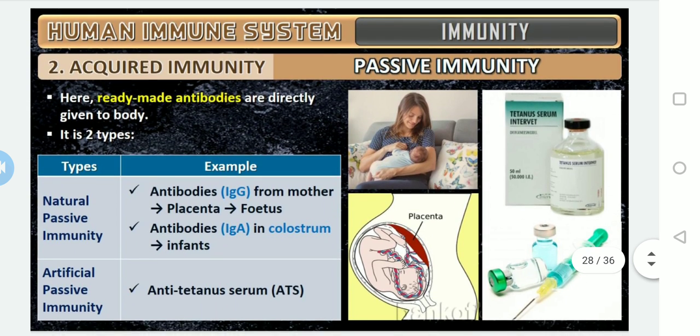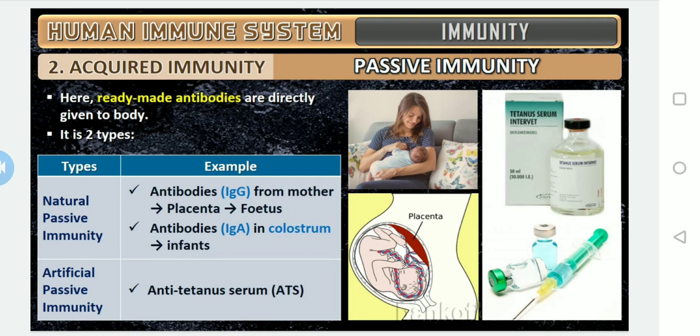After this, how does passive immunity function? Here, ready-made antibodies are directly given to the body. Again, it is of two types: natural passive immunity and artificial passive immunity. Naturally, antibodies IgG pass from the mother through the placenta to the fetus.